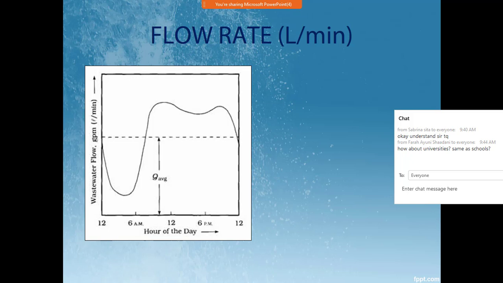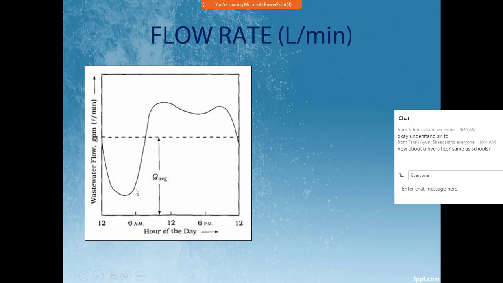So for flow rate, as we can see here, this is at 12 midnight, at the left side of the pattern. During the night the water generation is dropping down because all people are sleeping. There are no activities, no water consumption.